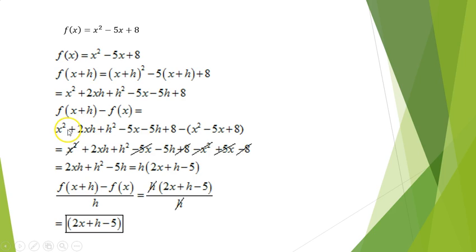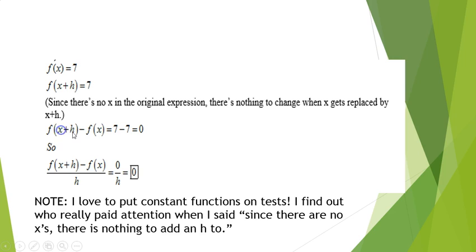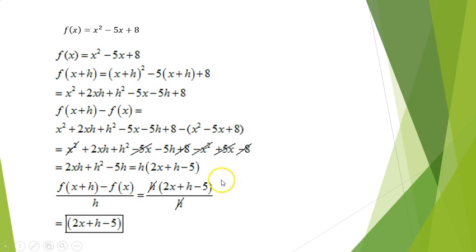And look at what pieces cancel: x squared minus x squared, and minus 5x plus 5x, and plus 8 minus 8.